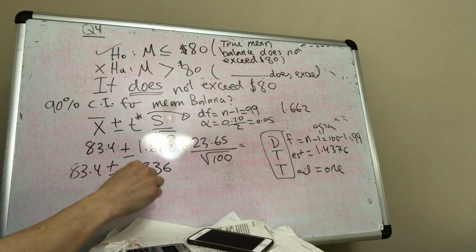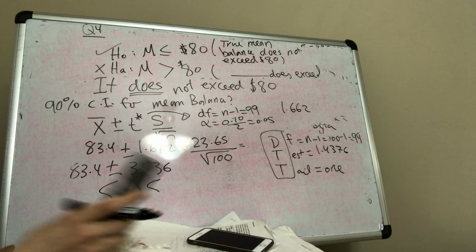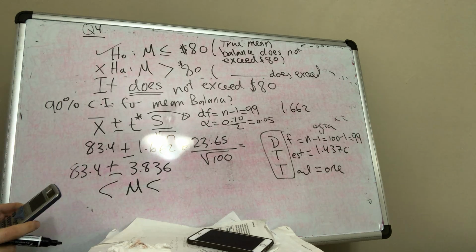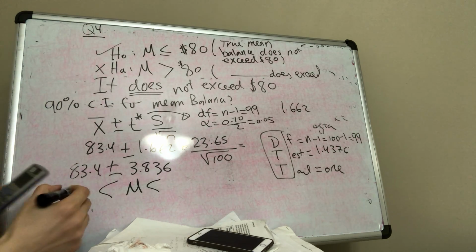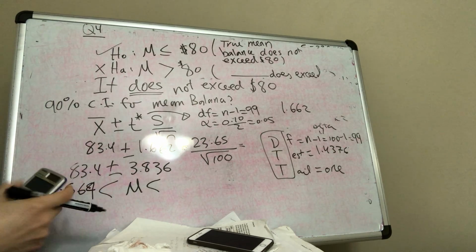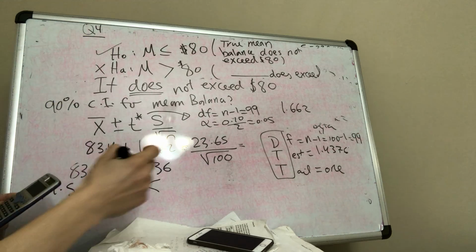So now you know that mu is between; you subtract them and you add them. So 83.4 minus 3.936 takes you down to 79.5, and if you add them, it takes you up to 87.